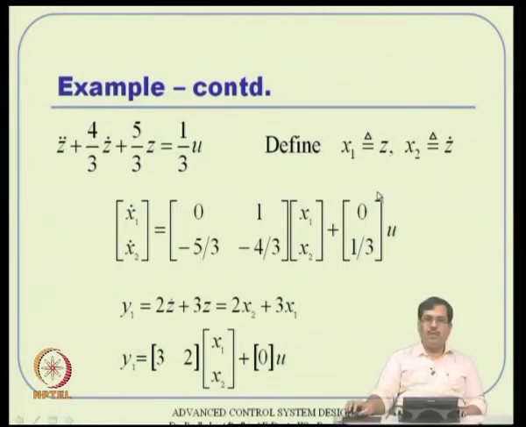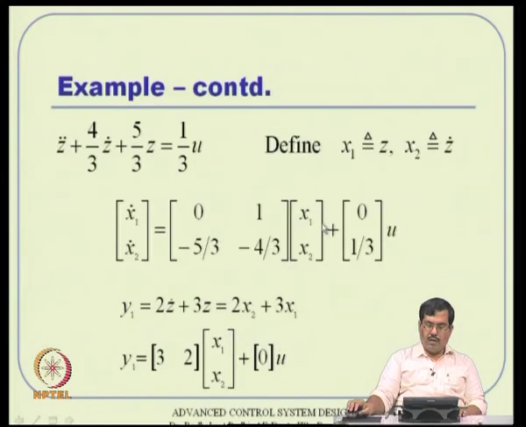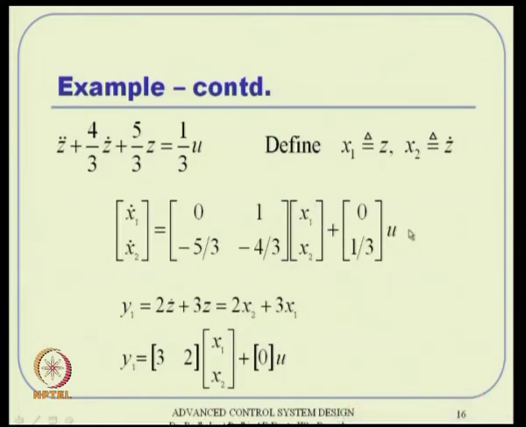I will define, let us say, x1 is z and x2 is z dot, and hence from this polynomial, the denominator part, the right hand side of the story, I will be able to extract the equations for x1 dot and x2 dot.